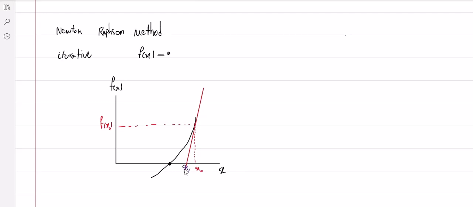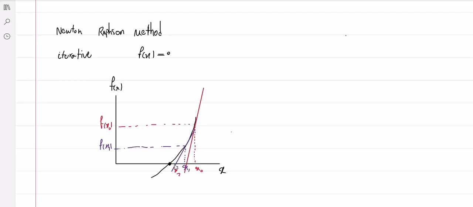So let's say that at x1, the value for the function would be f of x1. Now, if I draw another tangent line at x1 and intersect it with the x-axis, it would be this line, which has an intersection with the x-axis, and I'm gonna label this one x2.